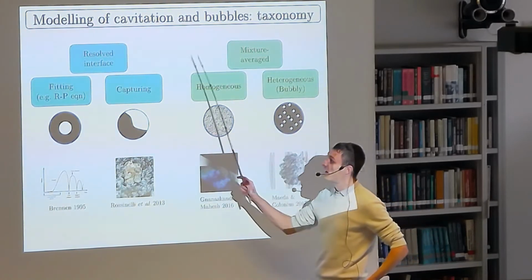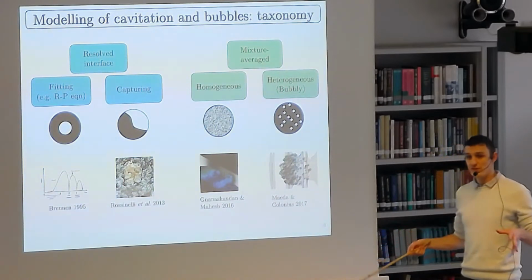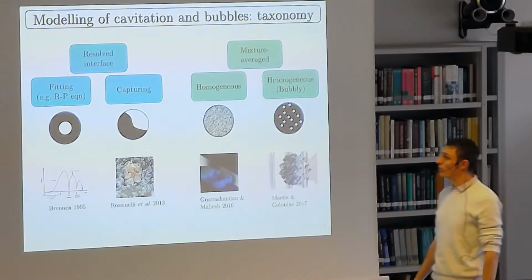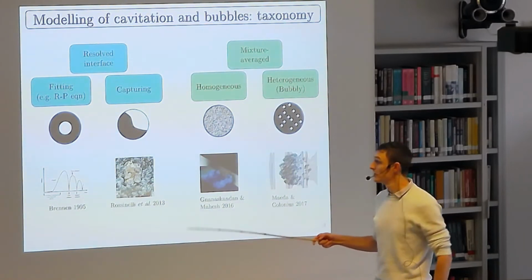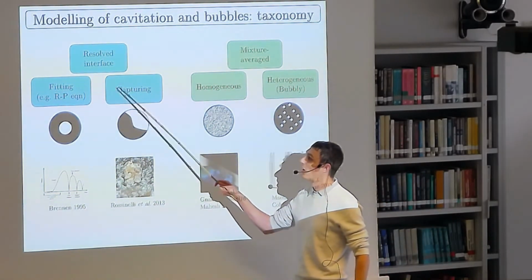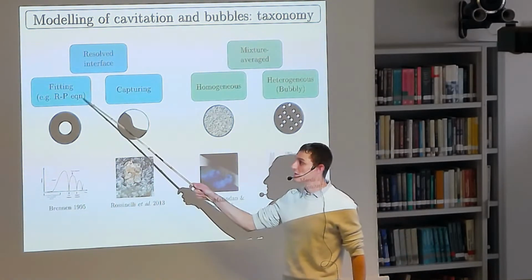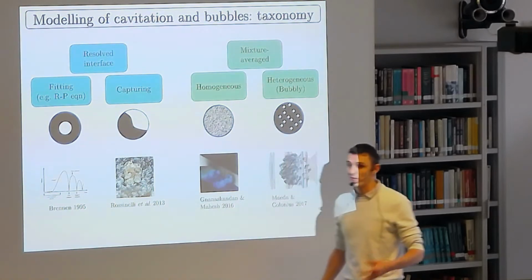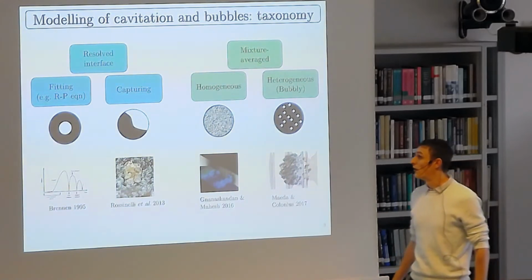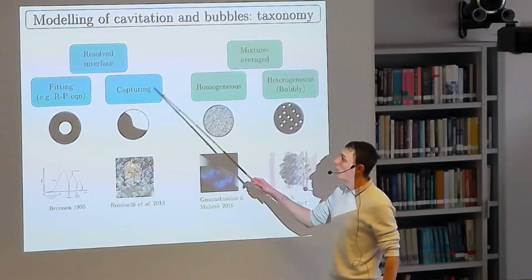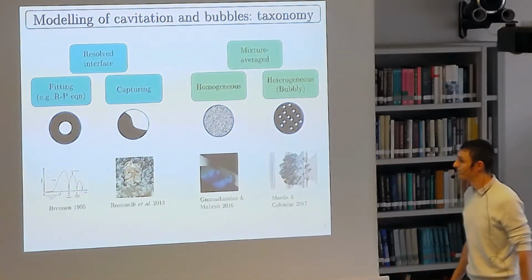On the left, you can see the approach where we resolve the interface, meaning that the mesh is able to capture the interface. There are two other branches here: the fitting approach, for example the Rayleigh equation type of modeling, and what is called capturing, where the mesh captures the interface.